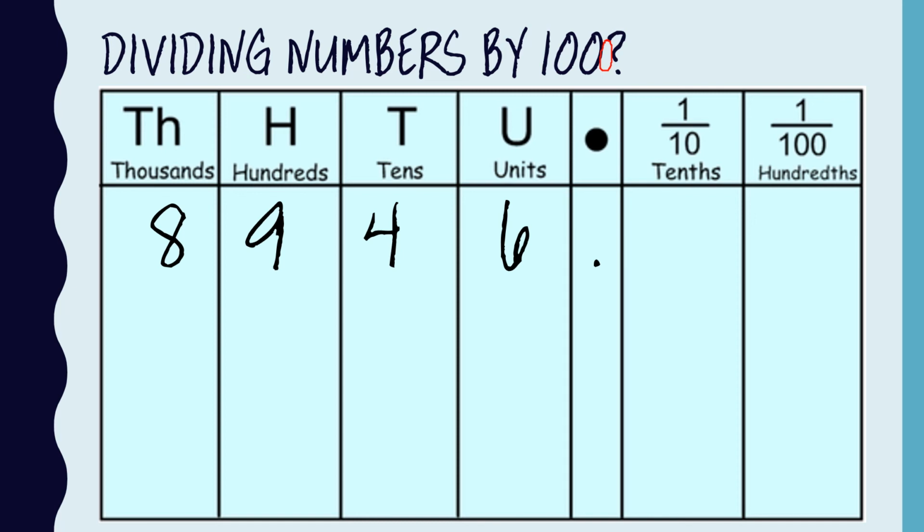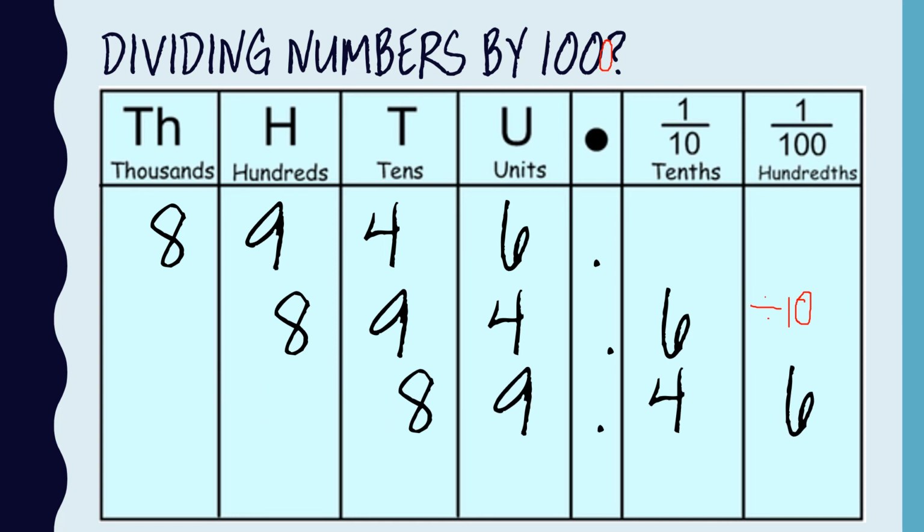Then another change of 10, 3 shuffles divided by 1,000. So first of all, divided by 10, 1 shuffle to the right, and we have 894.6. What's going on? I've gone back to the wrong answer again. No, I haven't. No, I haven't.